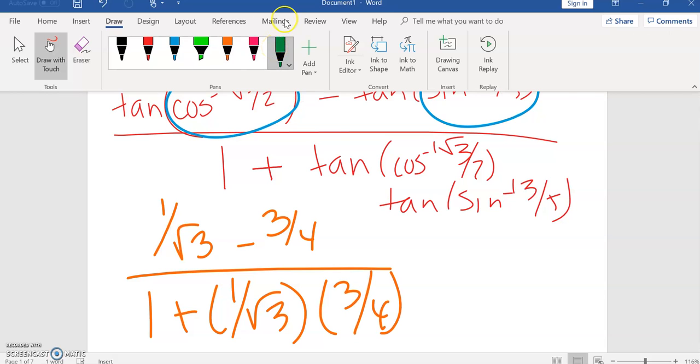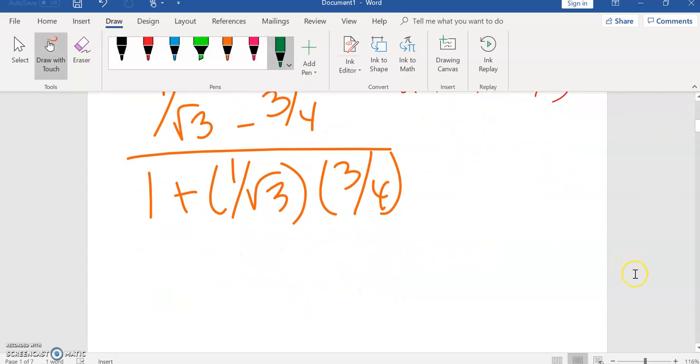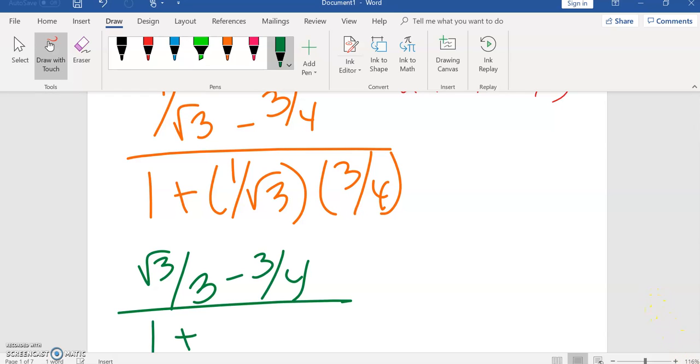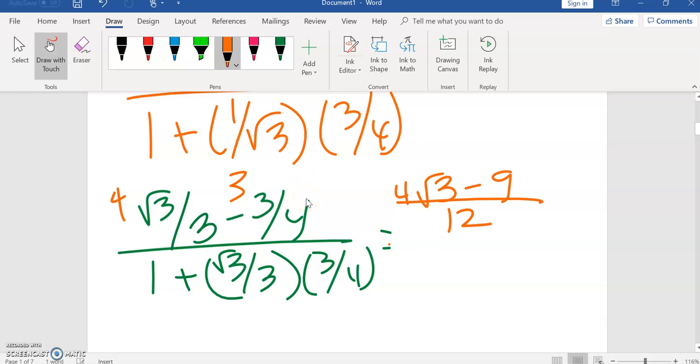At this point, we've done all our trig. Now we have a page of algebra to work through. So first I'm going to rationalize everything, and I'm going to get 1 plus square root of 3 over 3 times 3/4. And then I'm going to come over here, and I need a common denominator. So that's going to be times 4 and that's going to be times 3. So 4 square roots of 3 minus 9 over 12.